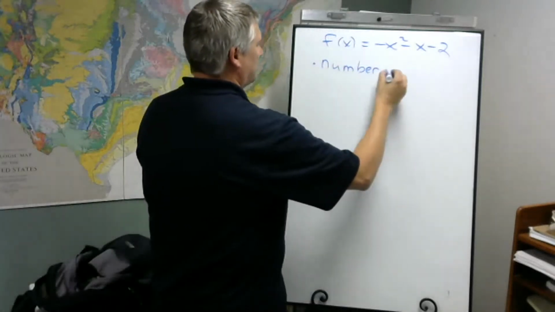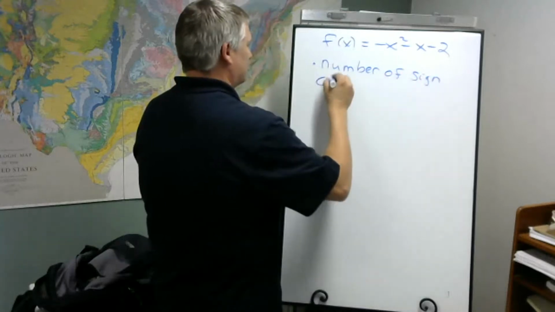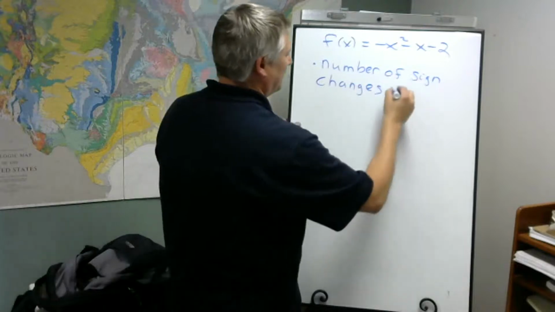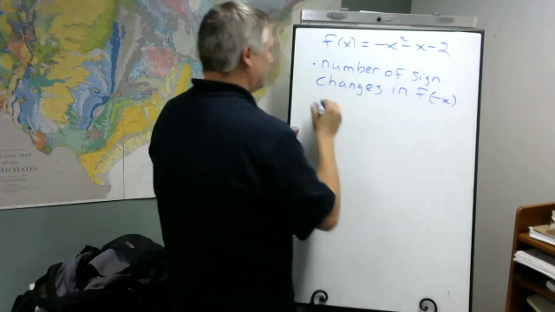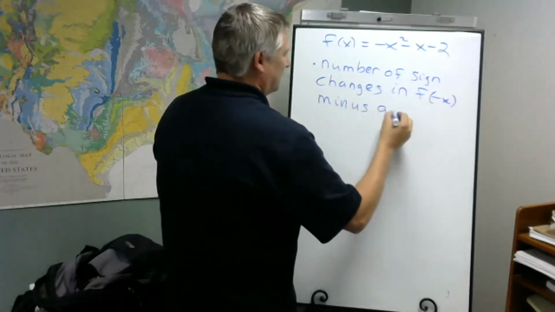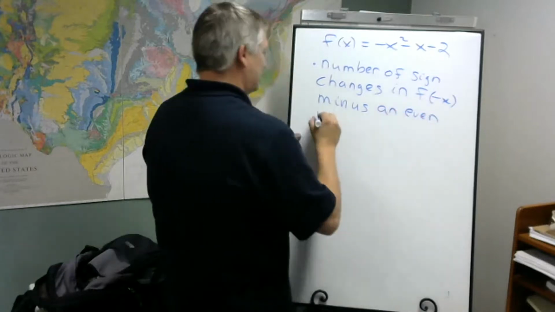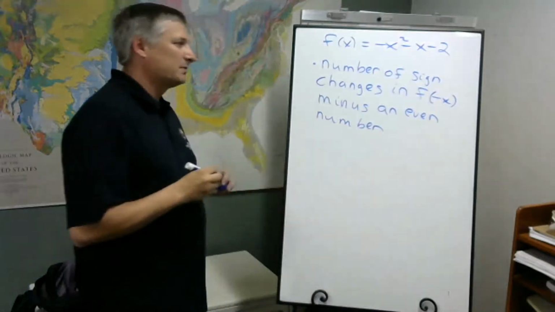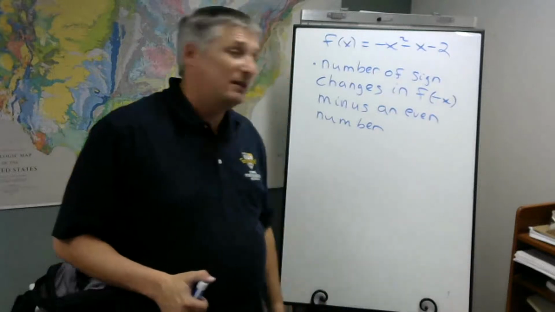The number of sign changes in f of minus x, minus an even number. The number of sign changes in f of minus x minus an even number.